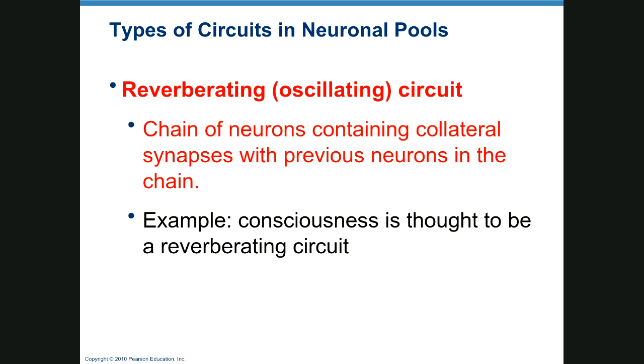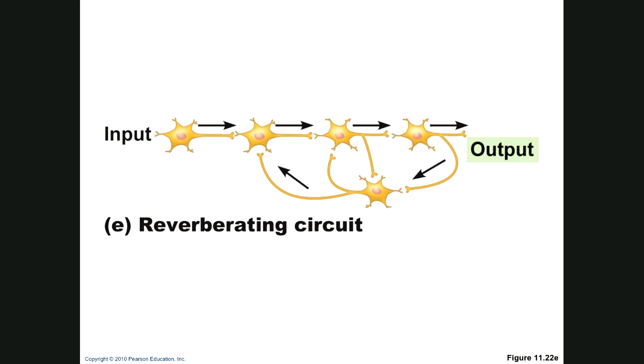A reverberating, oscillating circuit. These are neurons that contain collaterals that synapse with previous neurons, creating a loop. It's like a circular pathway that, once it gets going, keeps itself going.